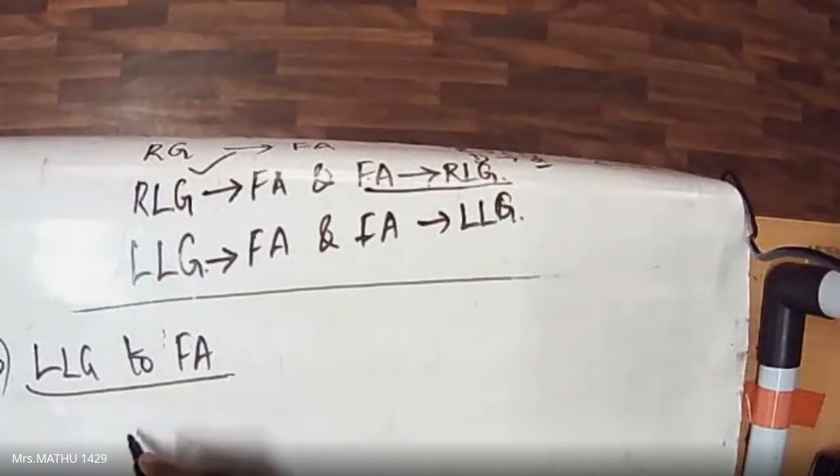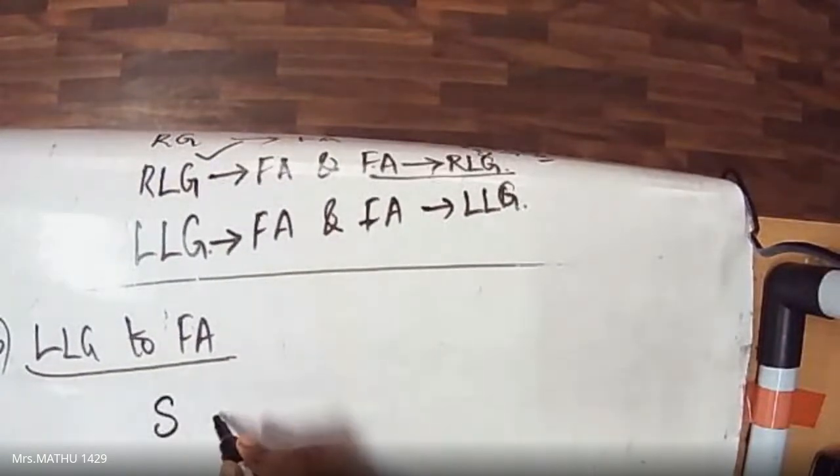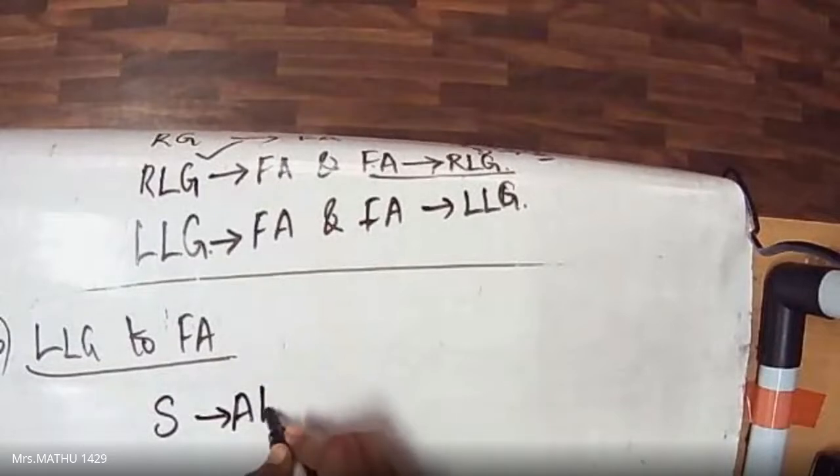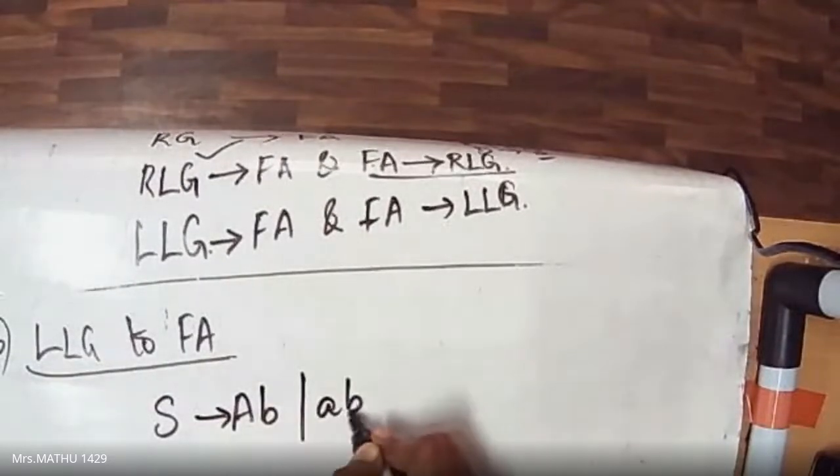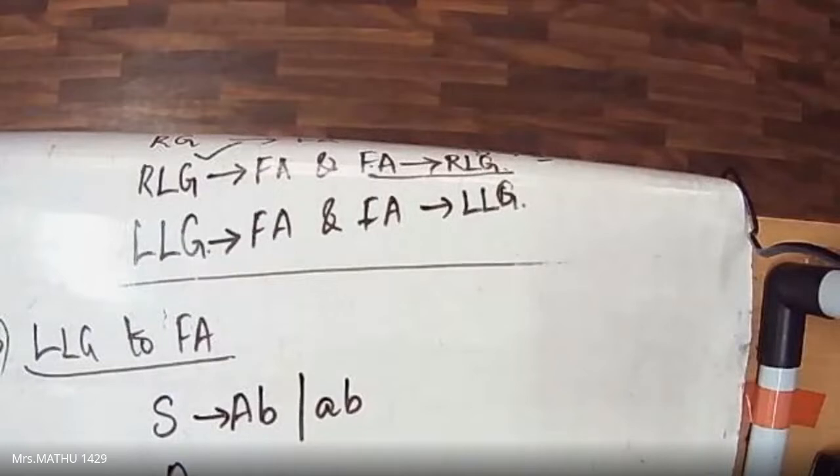So for this, let us take one more grammar. S gives Ab or a b, A gives Ab or Bb, and B gives Ba or a.